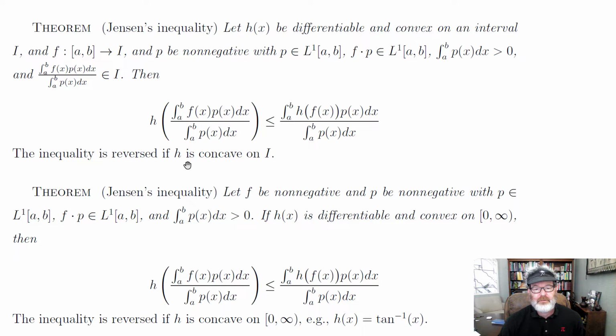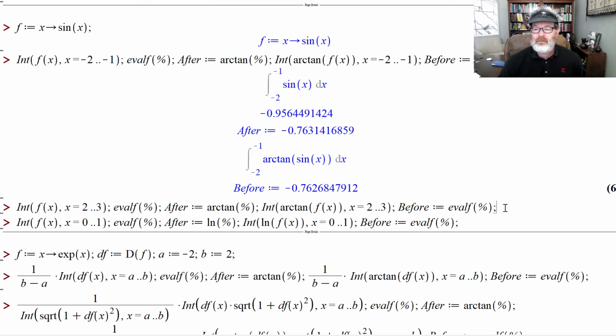Also, the inequality is reversed if h is concave on the interval. For example, arctangent is concave down on 0 to infinity. So here I'll look at sine again, but from 2 to 3 sine is positive.